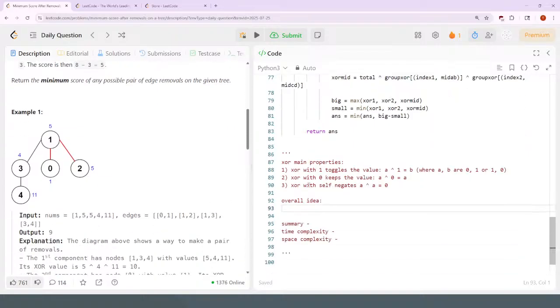So the overall idea that I had was that I wanted to be able to eliminate two arbitrary edges and quickly determine what the XOR values of the groups are that we generated. Now, let's say there's an edge that is A to B, and there's another edge that is C to D, and A, B, C, and D are nodes, two arbitrary edges.